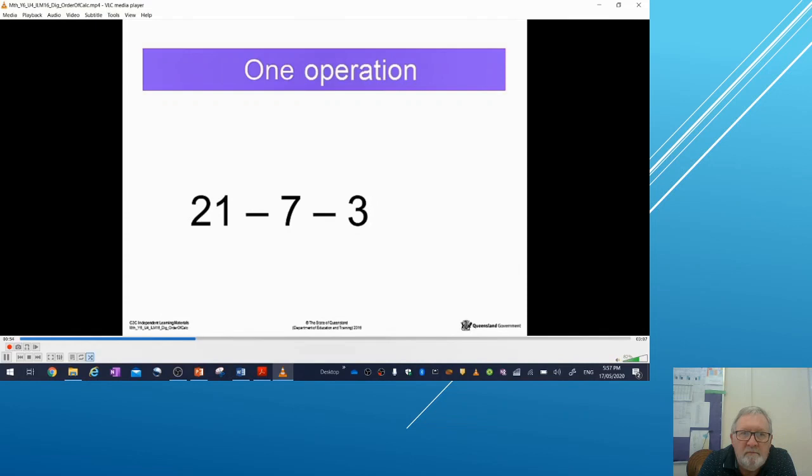We have also developed an understanding of how subtraction and division work differently. 21, subtract 7, subtract 3. 21, take away 7, leaves 14. Then take away 3 to give 11. However, another way some people calculate the answer is to find 7 take away 3 to get 4.